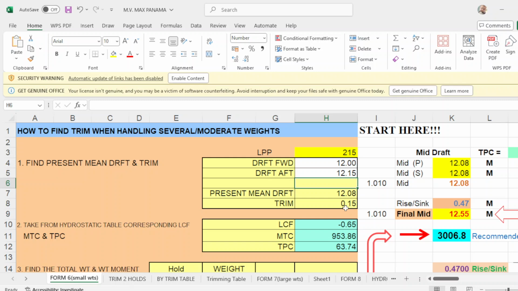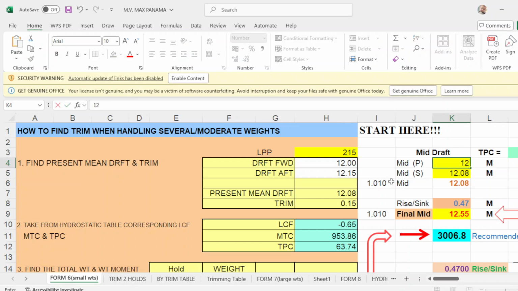Once the chief officer and the surveyor completed reading the draft around the vessel, they agreed upon a draft forward of 12 meters, aft draft of 12.15, and mid draft port of 12.08.